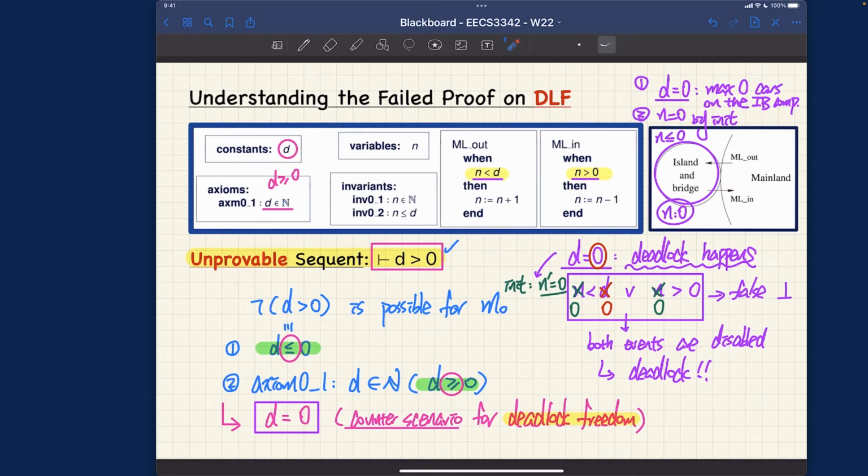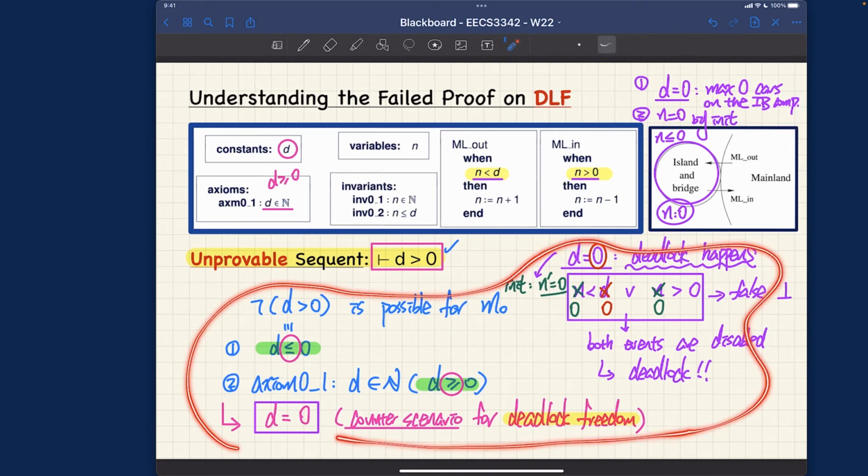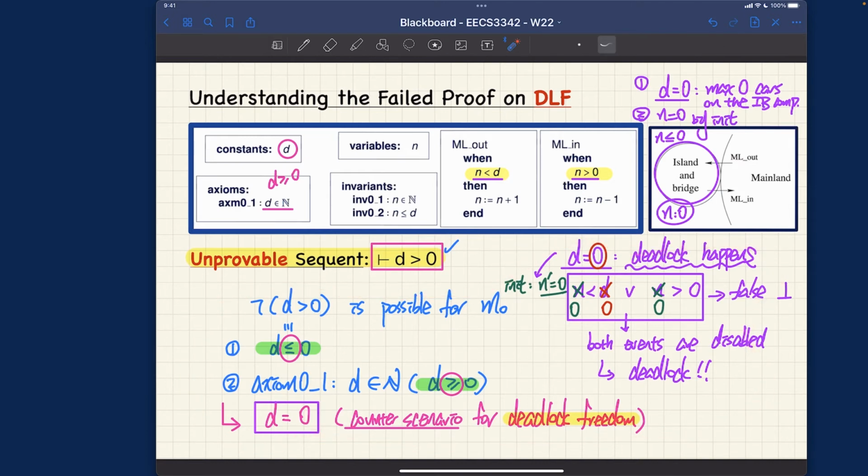That's why the system deadlocks. I'm really trying to give you the intuition about how to interpret this fail sequence. Hopefully that's enough for you to understand. Just make sure you understand how we can come up with so many insights from it. That's really the thing I would like you to pay attention to.